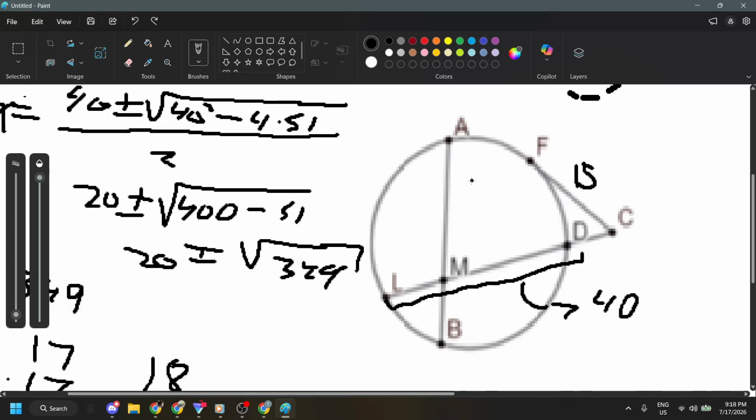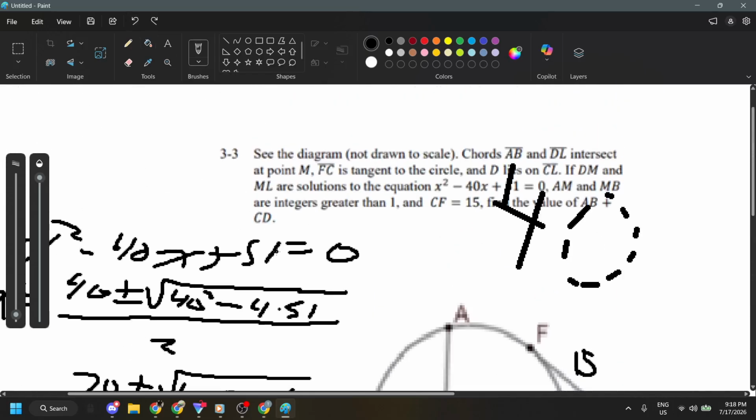If I took the center of the circle, if I made this right here, this is a right angle. CD doesn't intersect with the center of the circle, so I don't know what I'm possibly doing. Maybe if I knew that M, the center, and F are all collinear, that could help me.